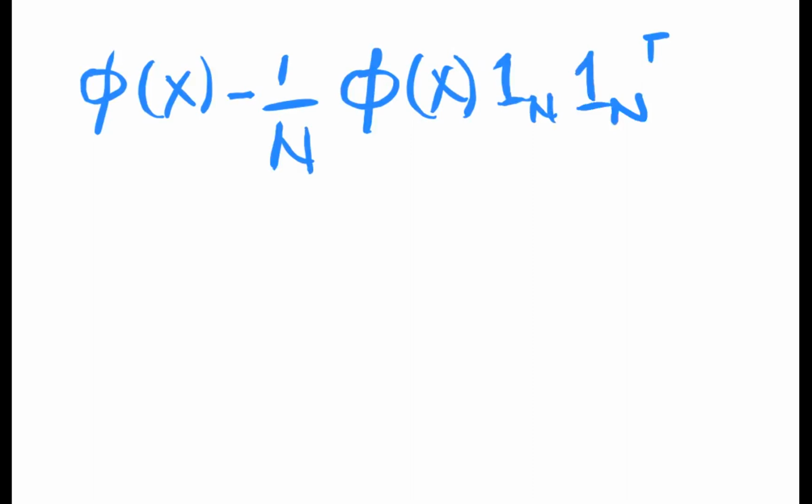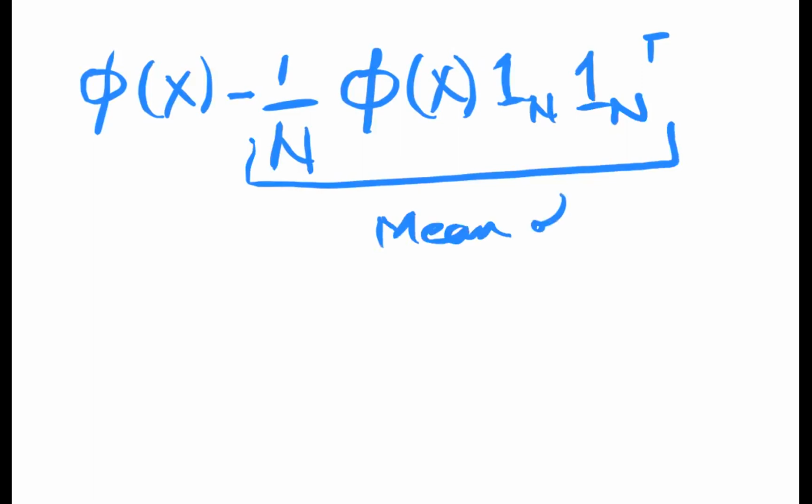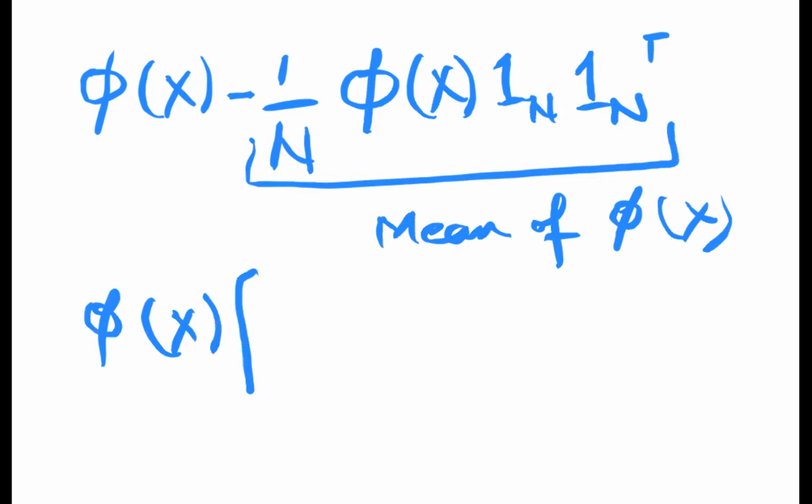So this is actually the mean of phi of x. If you subtract the mean of phi of x, then it's centered. That's the definition, that's how we define centered. So then we have phi of x, and then identity minus 1 by n times the all-ones matrix 1 of n.